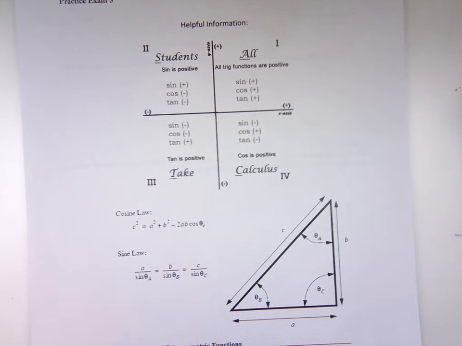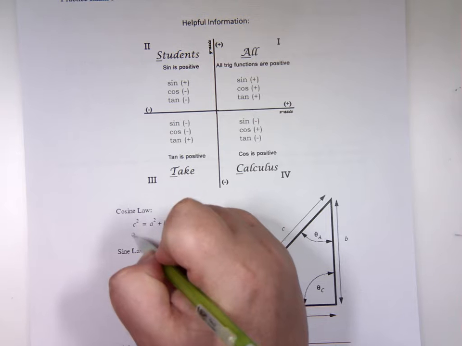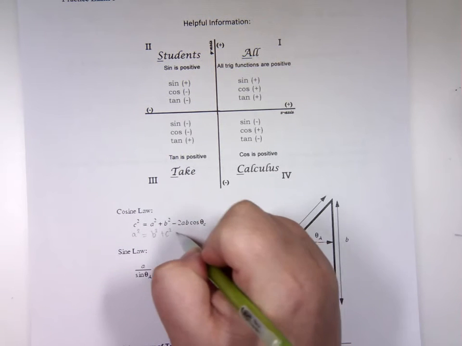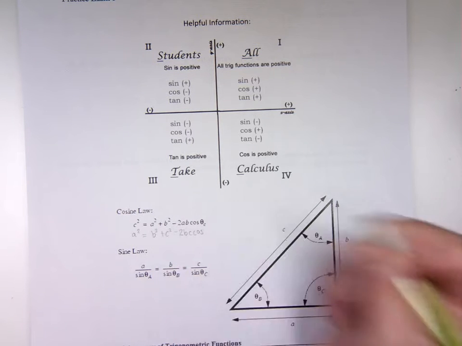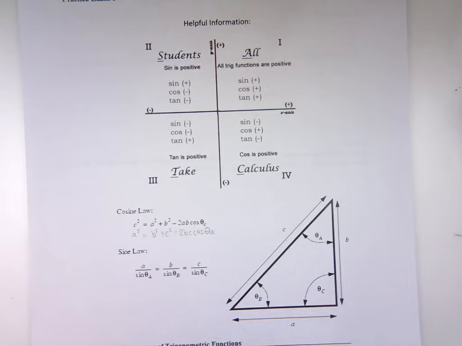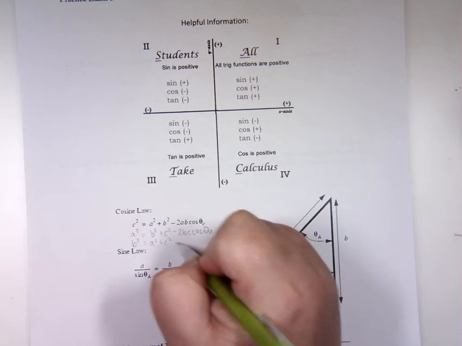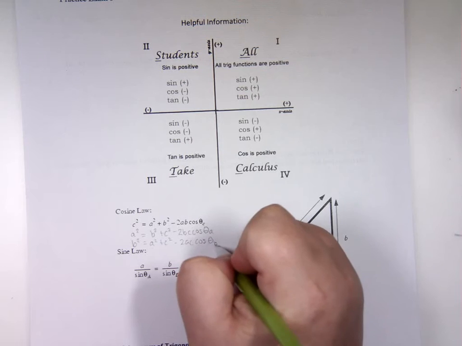Law of cosines. Remember that this isn't the only one. You could also solve for a squared equals b squared plus c squared minus 2bc cosine theta a, or b squared equals a squared plus c squared minus 2ac cosine theta b.